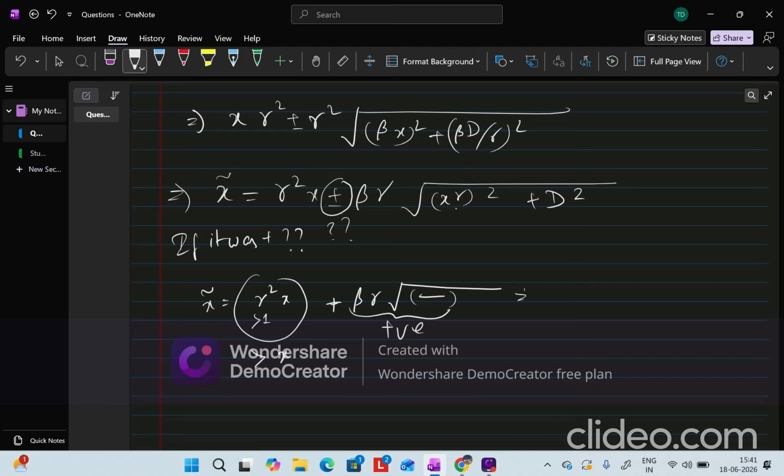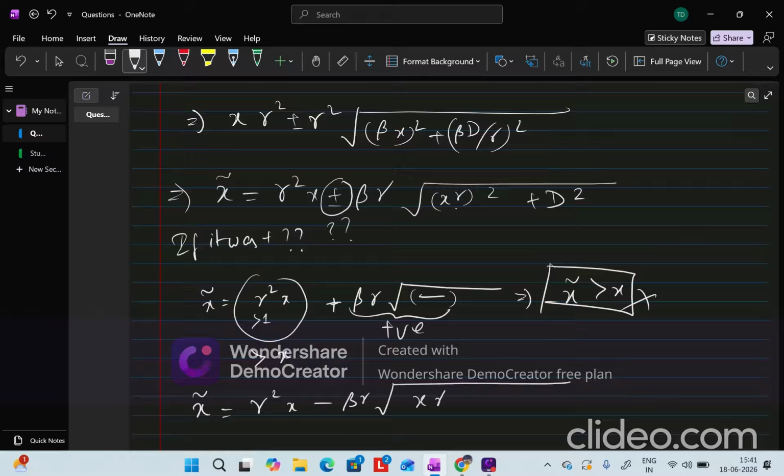So I can say x̃ will be greater than x, and this is a complete contradiction. So I will take the minus sign for this question, and I'll get x̃ equals γ²x minus βγ times the square root of (xγ)² plus d², and that's the final answer.